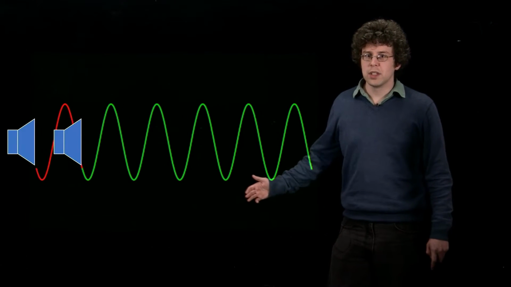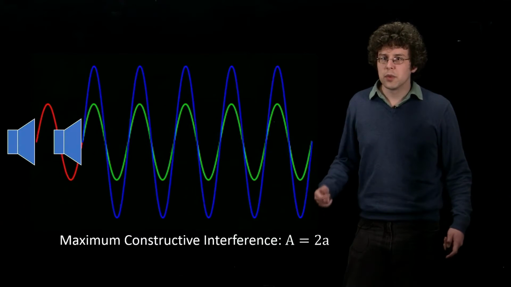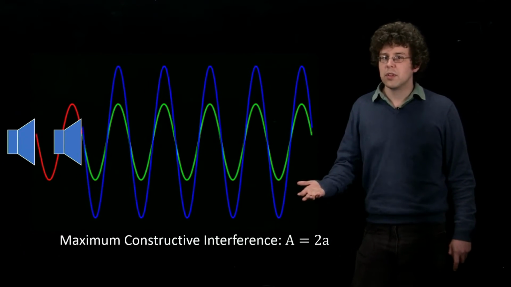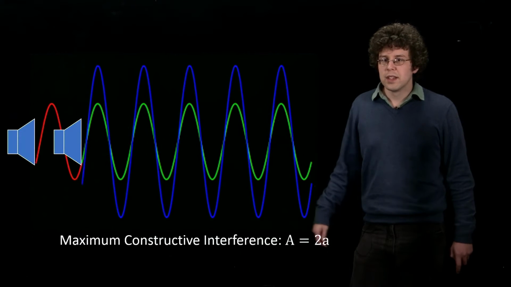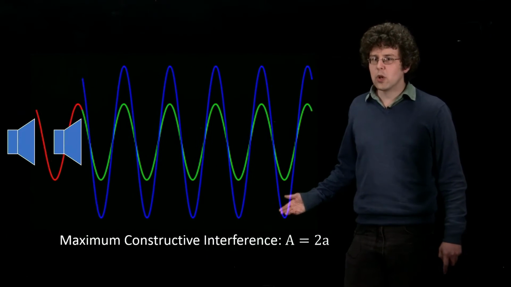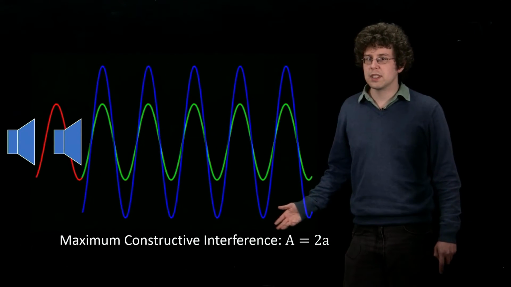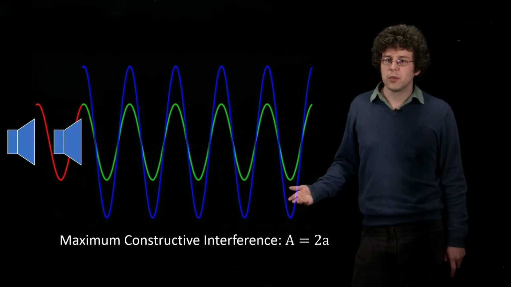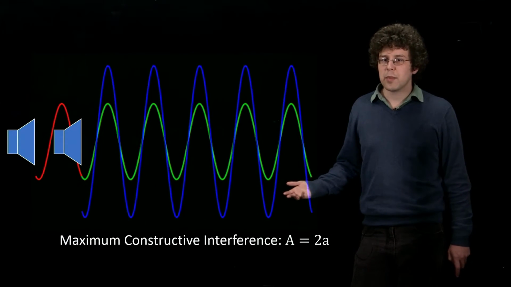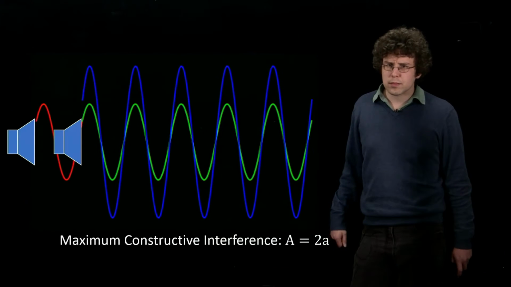And the end result, if we add these two together, will naturally be double what one of them would be. We call this constructive interference, and the amplitude of our resulting wave is double the amplitude of our original wave.